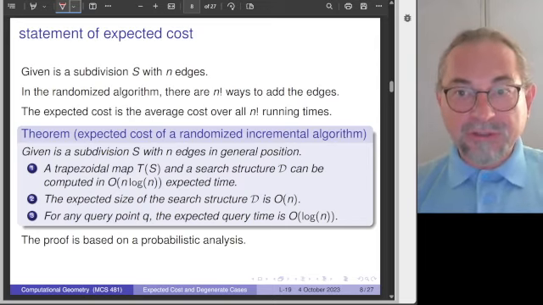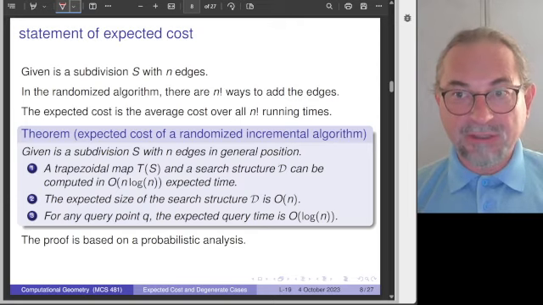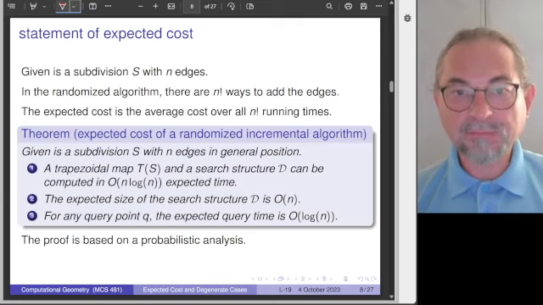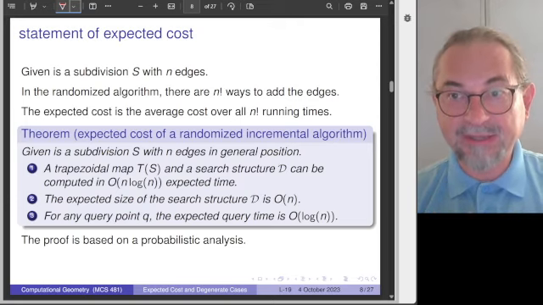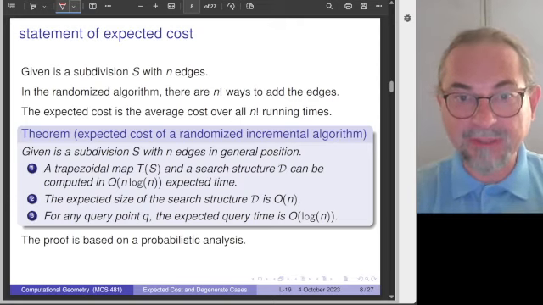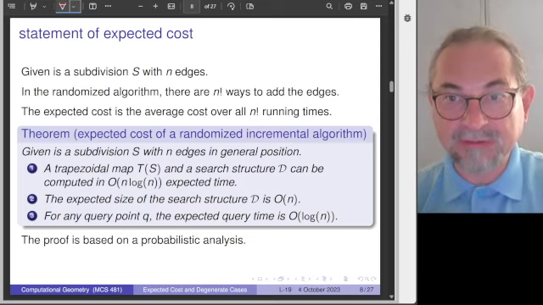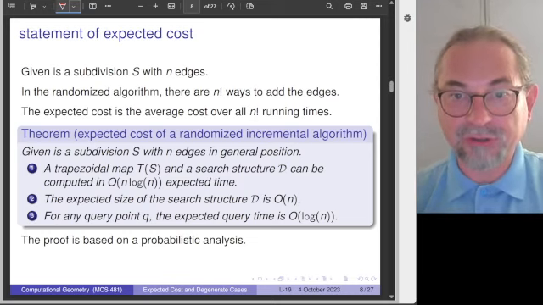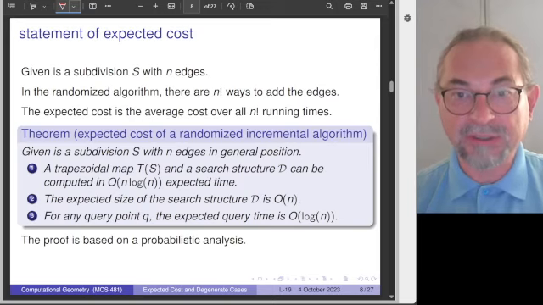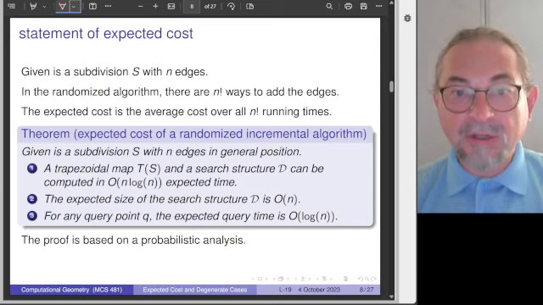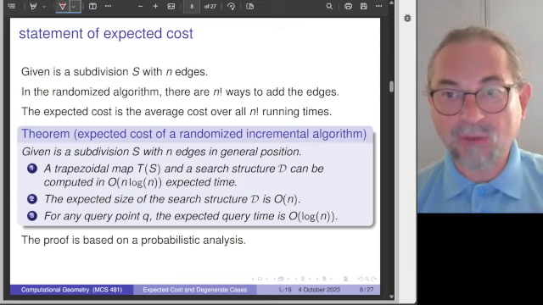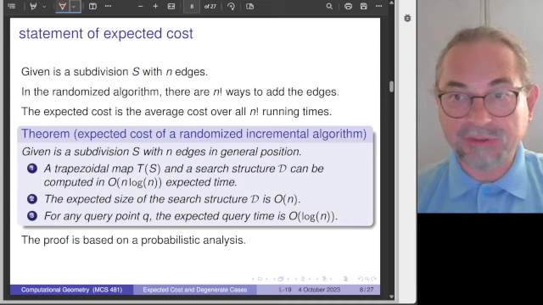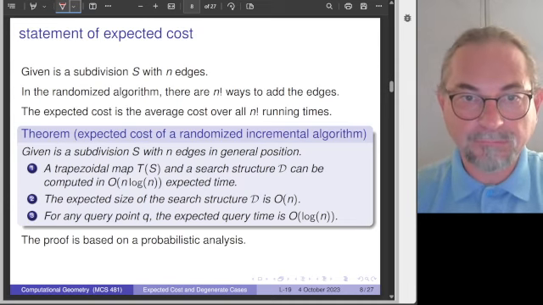The search structure is also expected to be linear in n. We indicated that the trapezoidal map is linear, but we actually also want that the search structure, the directed acyclic graph D, is also linear in n. So if the search structure is balanced, then the expected query time is logarithmic, which is quasi-constant.